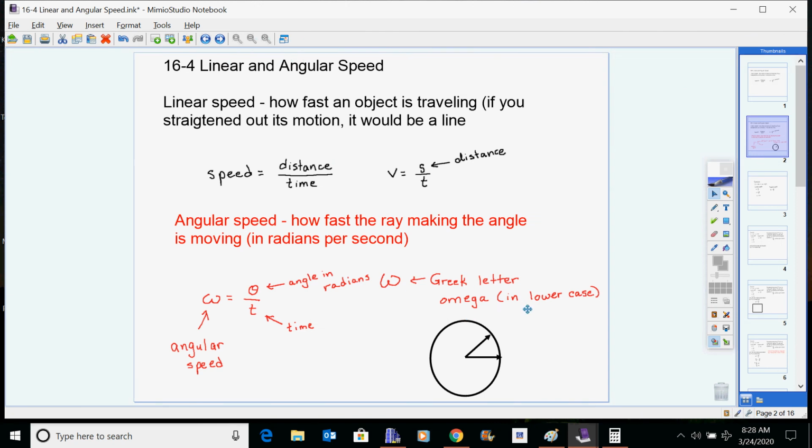So that's our Greek letter omega equals theta over time. So it's how much the angle is changing over the time period that it's changing in. Now what that leads us to is, like I say, we have a little pile of formulas today. I'll talk about each one and then we'll do a few questions to apply them.